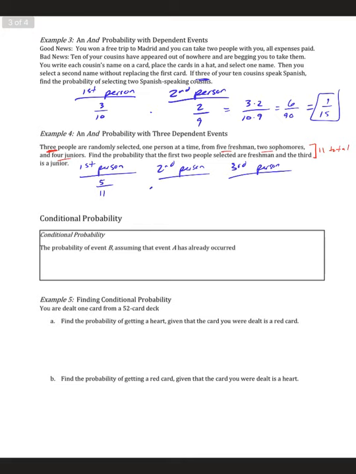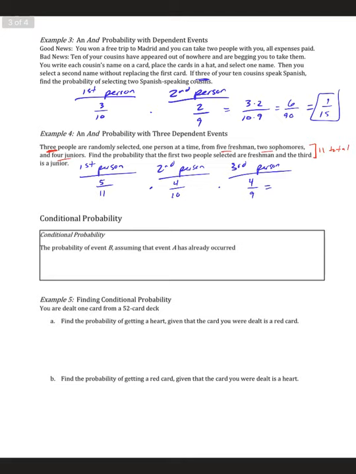Okay, now we need to choose the next person. We already chose 1 freshman, so now we only have 4 freshmen left, and we're down to 10 people to choose from. The third person, we know we're down to 9 people, and we want the third person to be a junior. We have 4 juniors, so that'd be 4 out of 9.